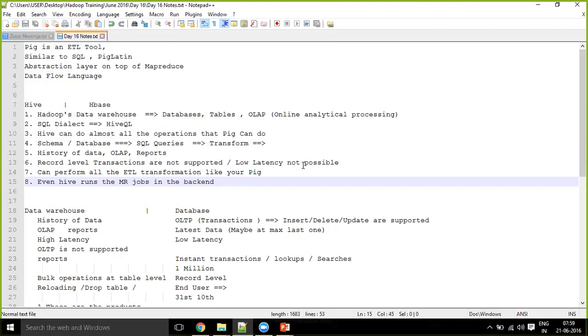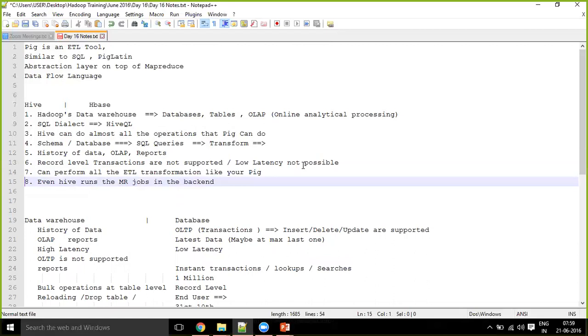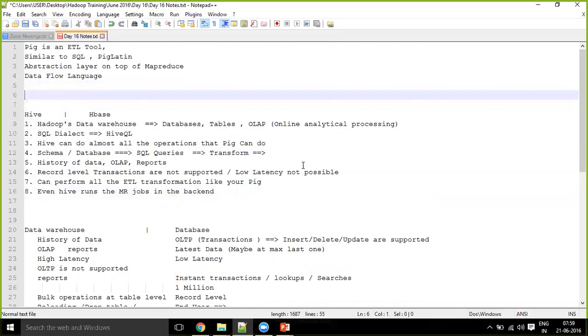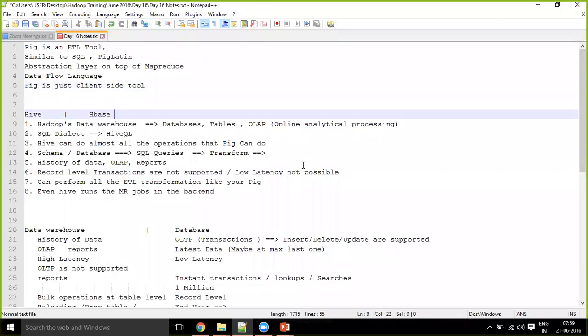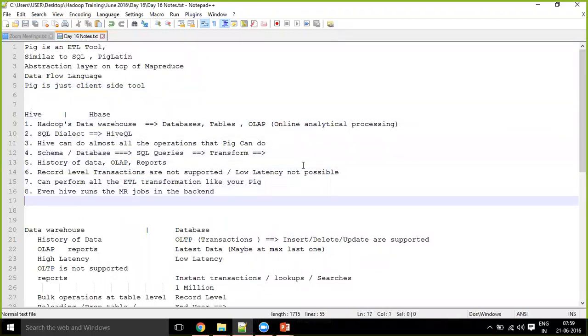And here, Pig was just a client software in terms of architecture or infrastructure. So Pig is just a client-side tool, right? As I was clarifying your question once again, Anand.